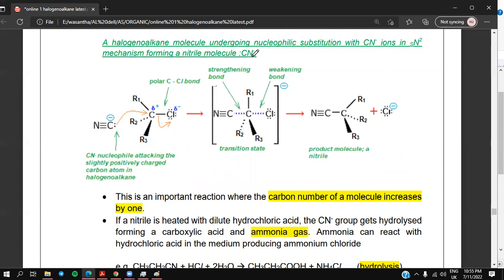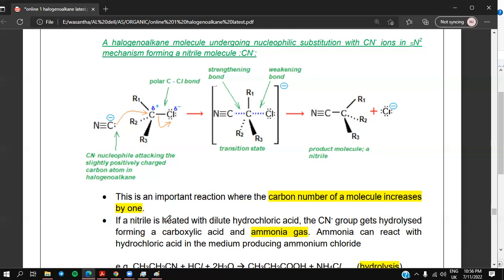You can see in this mechanism, cyanide group gives electrons to carbon, which has a slight positive charge. And chlorine goes out. Here we can see the transition state, chlorine going out, cyanide coming in. Finally, the chlorine has gone out as a chloride, cyanide group has been added. This is an important reaction where the carbon number of a molecule increases by 1.